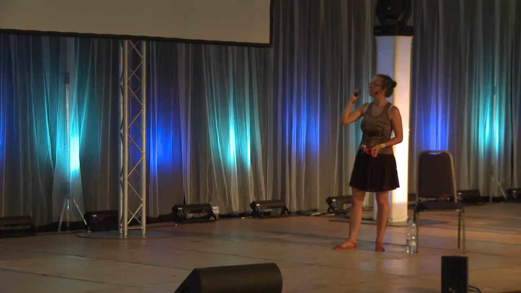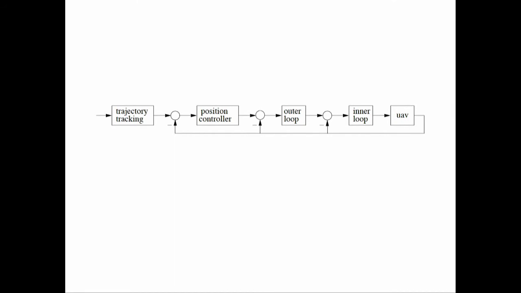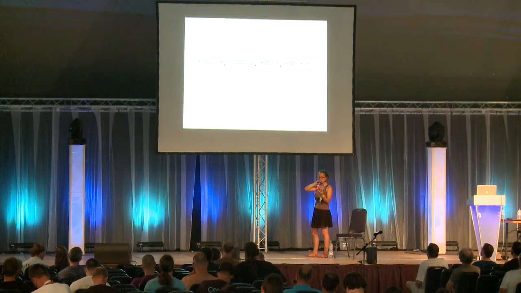So this looks complicated, but in the end you have simply a position controller that feeds your helicopter this position. Then you have the inner loop that defines angular velocities in these three directions. And finally you just define these two velocities.